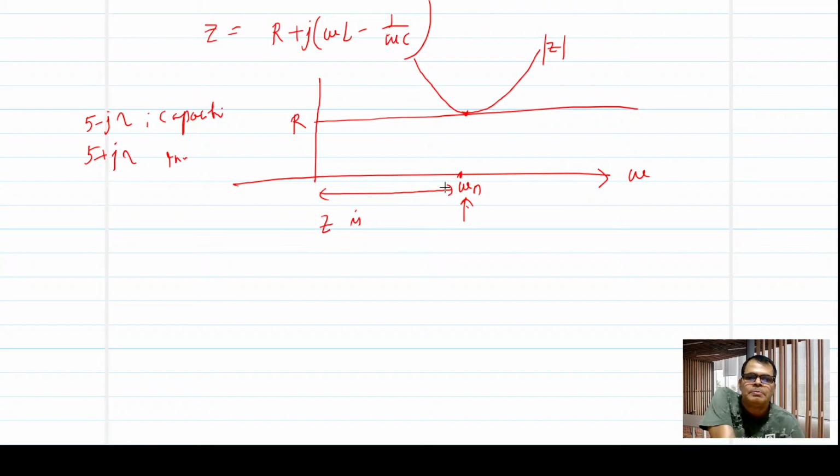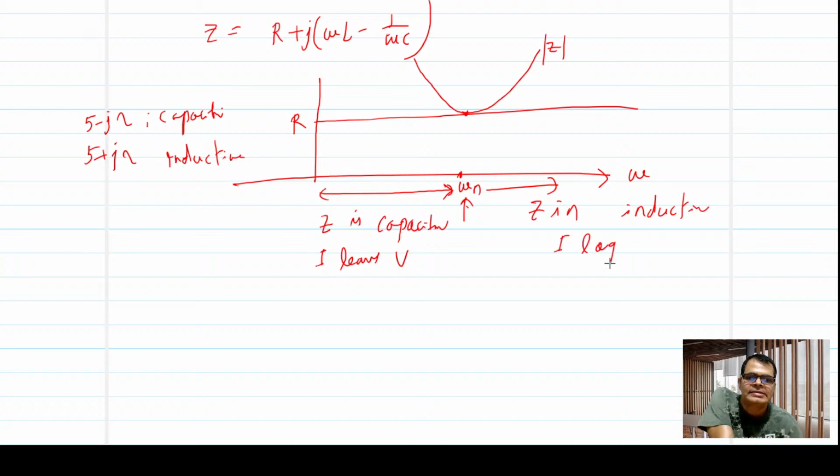So below omega n, Z is capacitive, I leads V. Beyond omega n, Z is inductive, and I lags V. And at omega n, I and V are in the same phase.